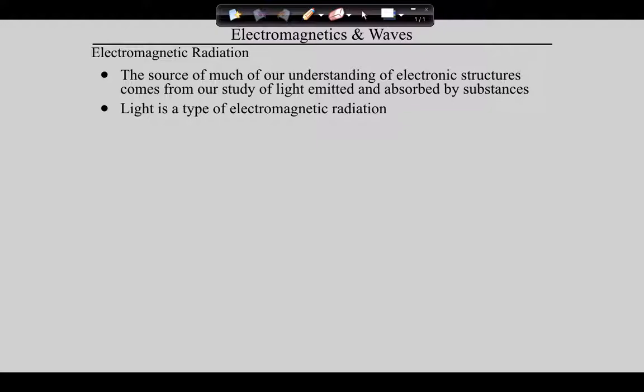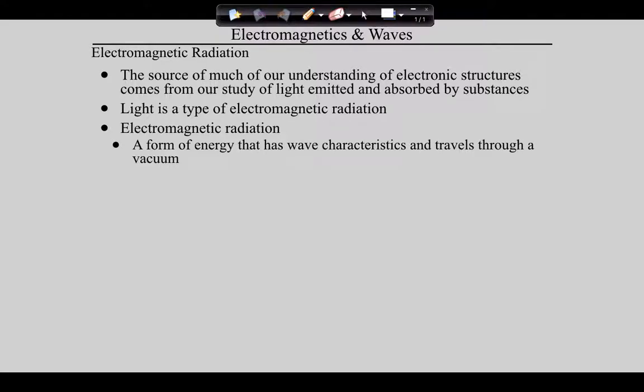What you need to know is that electromagnetic radiation is a form of energy that has a wave-like characteristic and it can travel through a vacuum. Unlike sound, which needs a medium through which it can travel, electromagnetic radiation, light, travels through a vacuum. It does not need a medium through which it can transfer.